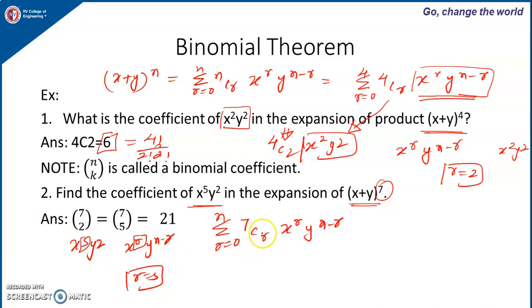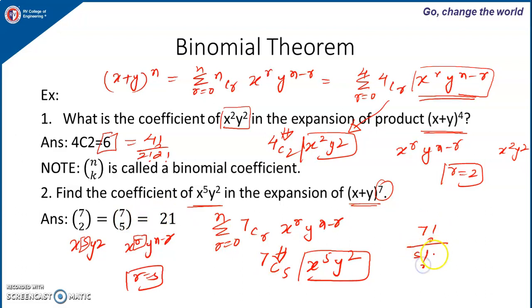Once we get the value 5 here, we'll just substitute. It will be 7C5 x^5 y^2. The coefficient of this will be the term associated with this, that is 7C5. If I calculate, I'll get 7 factorial upon 5 factorial into (7-5), that is 2 factorial. We calculate and we'll get the answer.